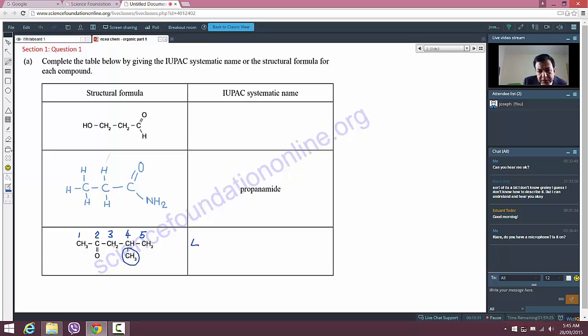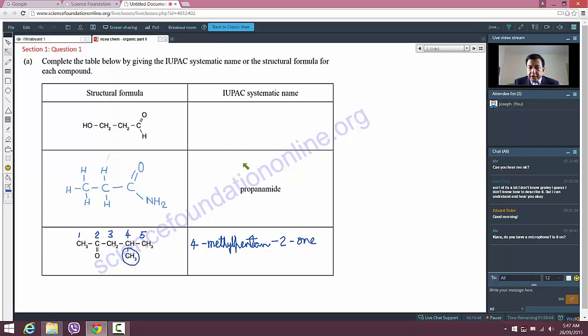In the prefix of the name, we begin by indicating the position numbers for those substituents and what they are. So it's a single methyl group on the 4th carbon, 4-methyl. And it's the pentanone, 5-carbon alkanone with that alkanone functional group on the 2nd carbon. 4-methylpentan-2-one. Any questions, anybody?